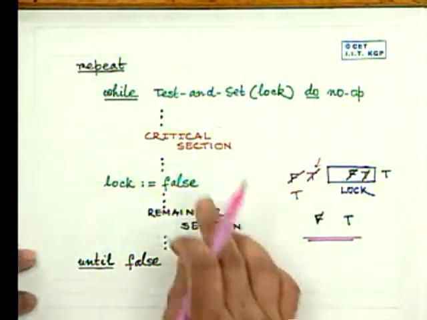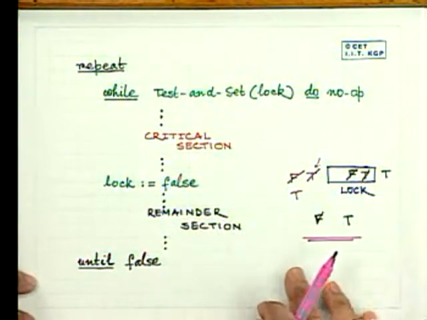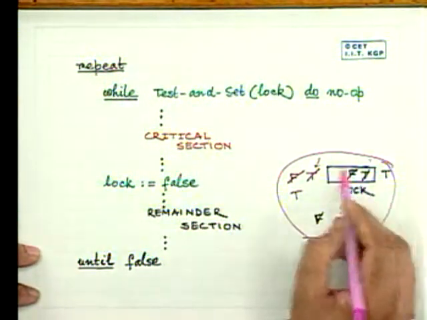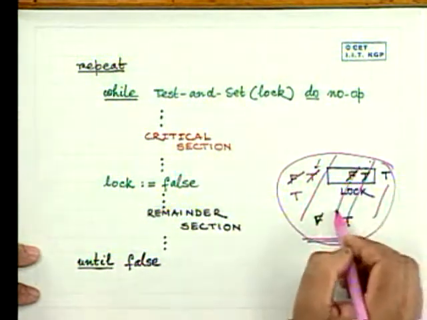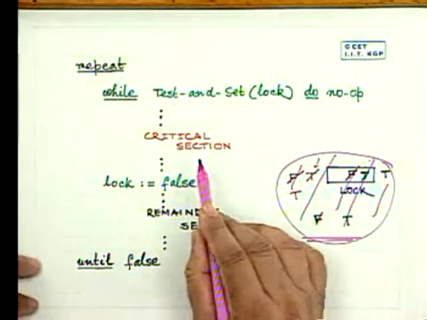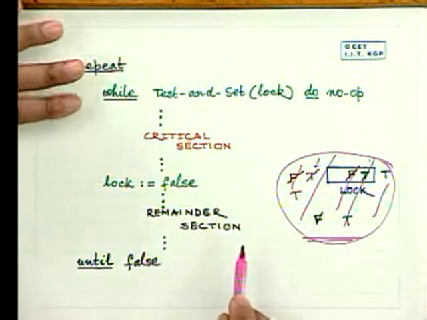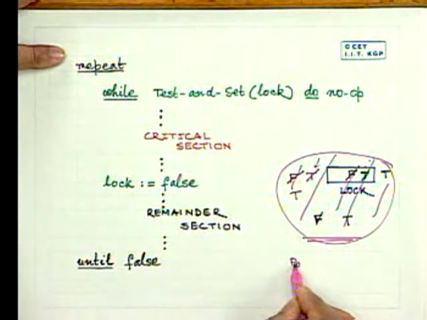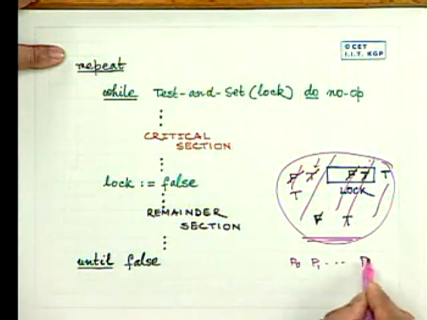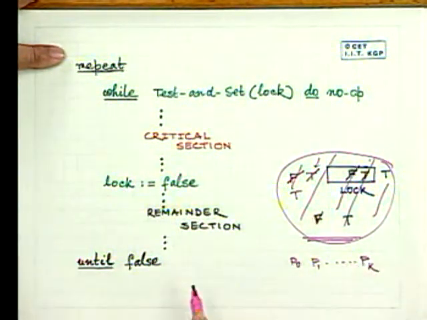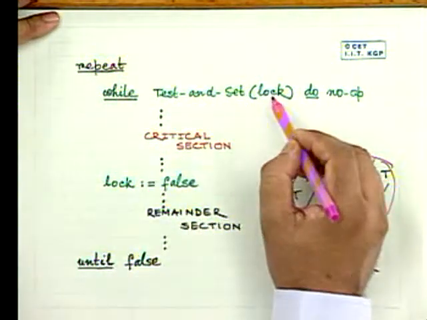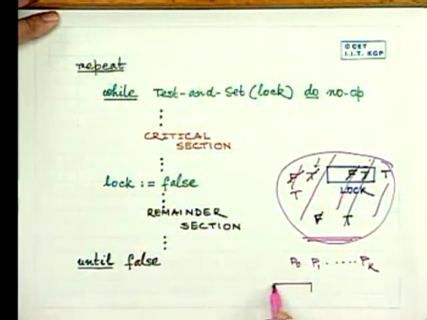I hope the idea is clear, but just to embed the entire thing into your mind, let me repeat once more. Say several processes are there, P0, P1 to Pk, all of them have their critical section in terms of a variable which is lock.